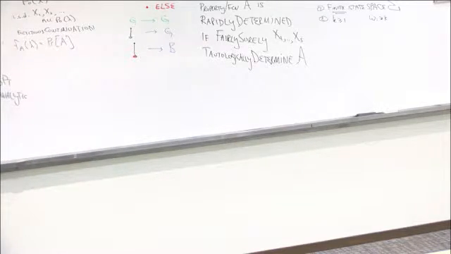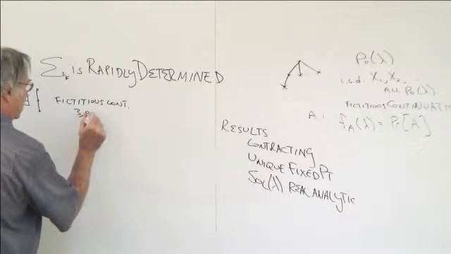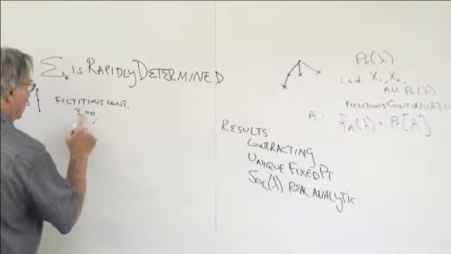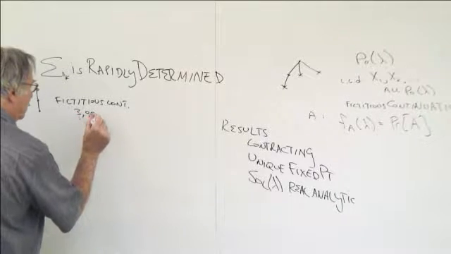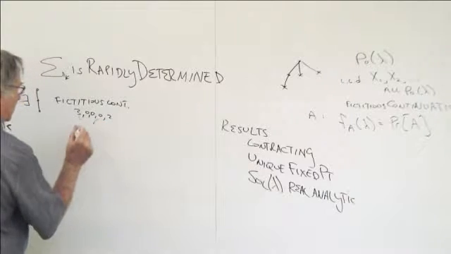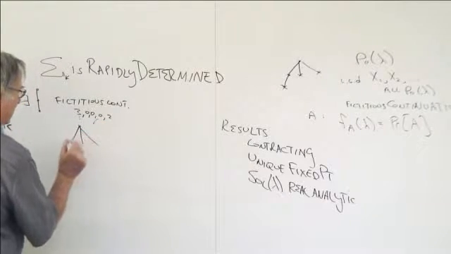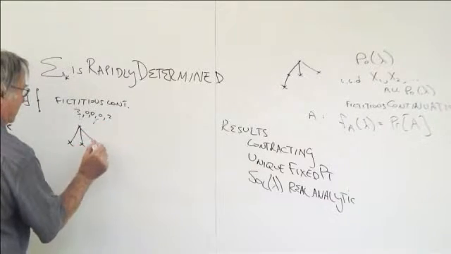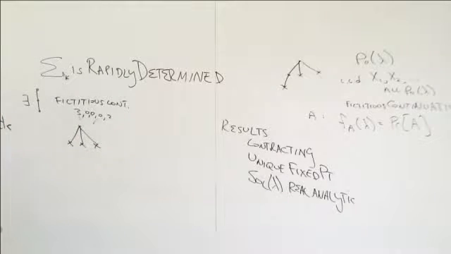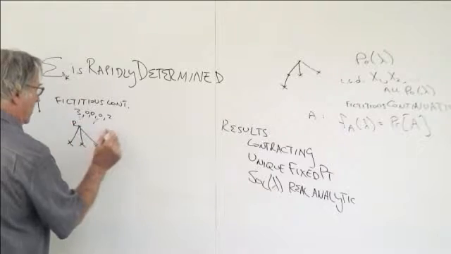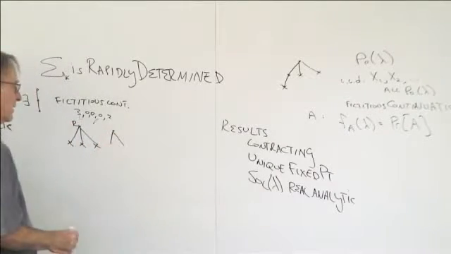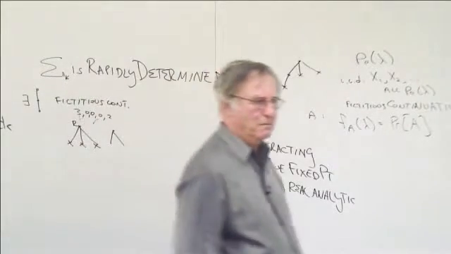So maybe we start out, suppose we started out 3, 0, 0, 3, 0, 0, 0, 2. The first node would have 3, the next would have 0, the next would have 0, the next would have 0. But then instead of the process stopping, so this is the root, I'll add a new vertex that has 2, and I'll keep on going.